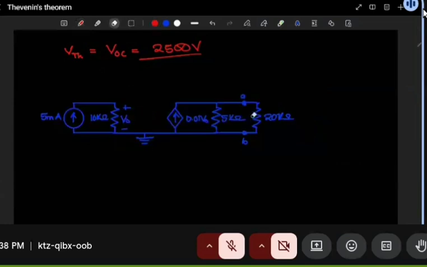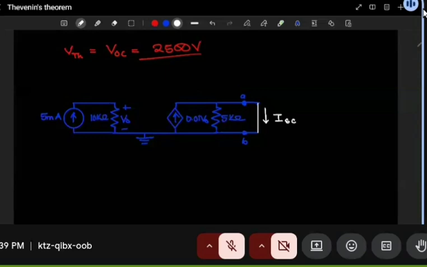So where the load is, this time we'll remove the load again, but this time we will short it. We'll replace the load with a short circuit. What we now want to find is the current that will be passing through where that short circuit was, and we'll label this as I short circuit.